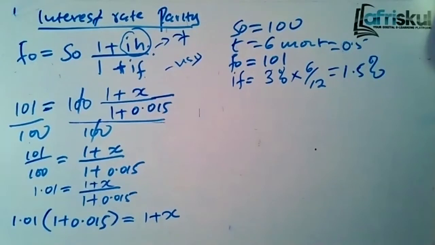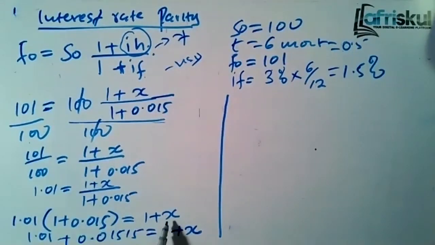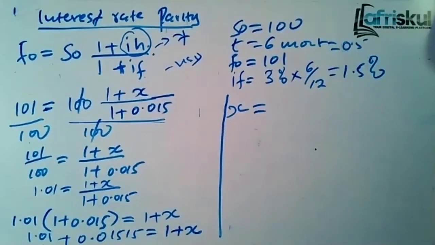Then you take the 1 to the other side, so x is 1.01 plus 0.01515 minus 1.